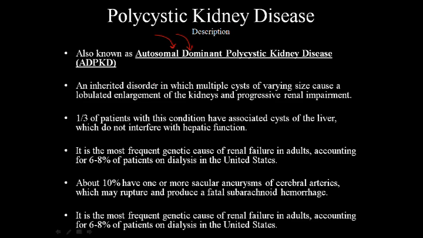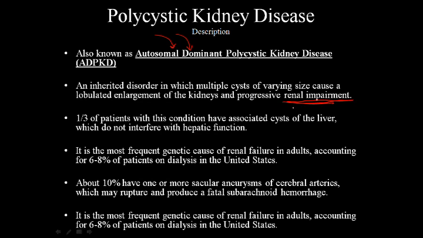So basically you have to have someone in your family with polycystic kidney disease who passes it on. It's an inherited disorder in which multiple cysts of varying size cause a lobulated enlargement of the kidneys and progressive renal impairment. Basically, the cysts become large, and then they potentially result in renal impairment.